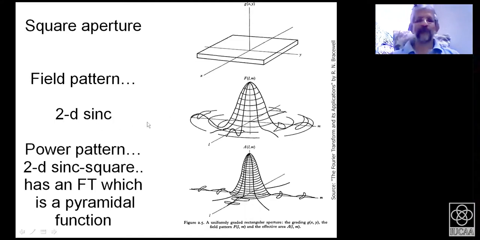Take the power pattern, you will be squaring it, and that will be a sinc square function in 2D. You can ask what happened to the effective aperture distribution corresponding to the power pattern. And you can see that that is an autocorrelation function of this square aperture window.